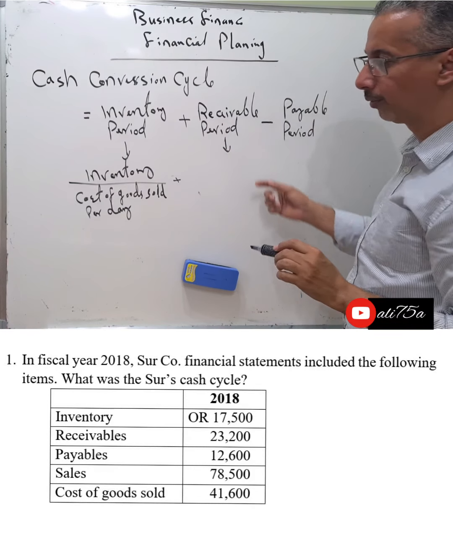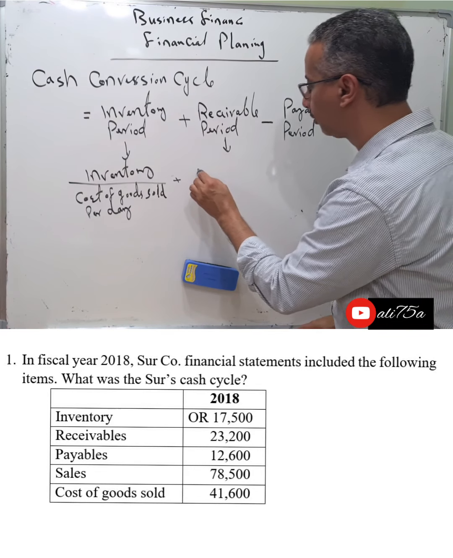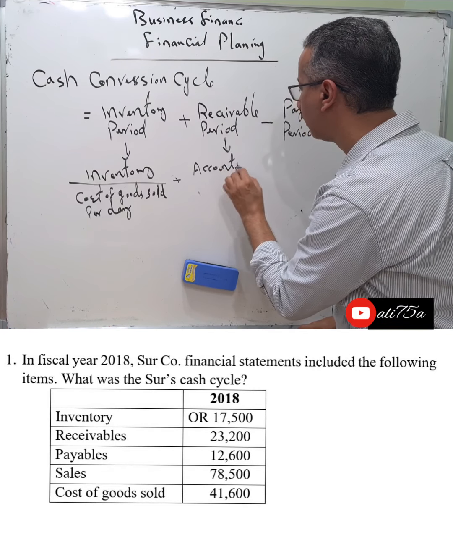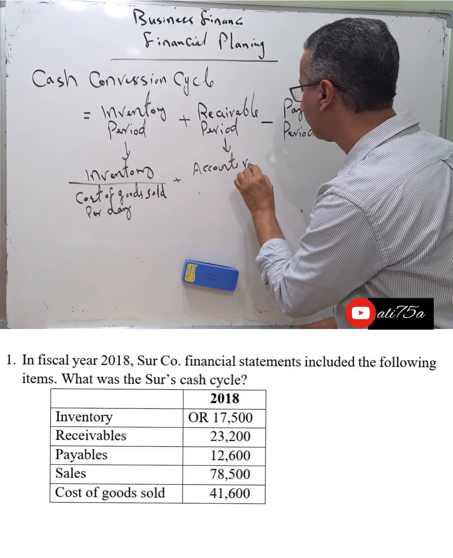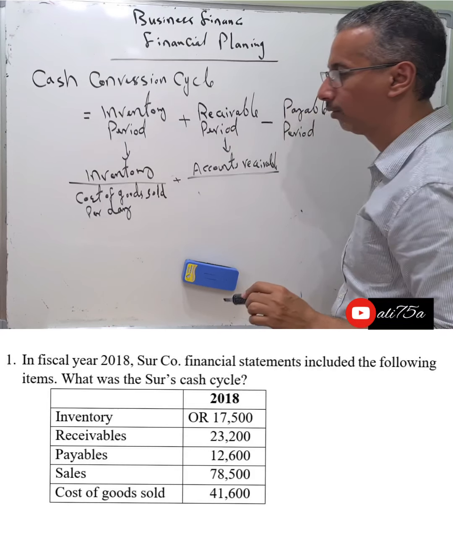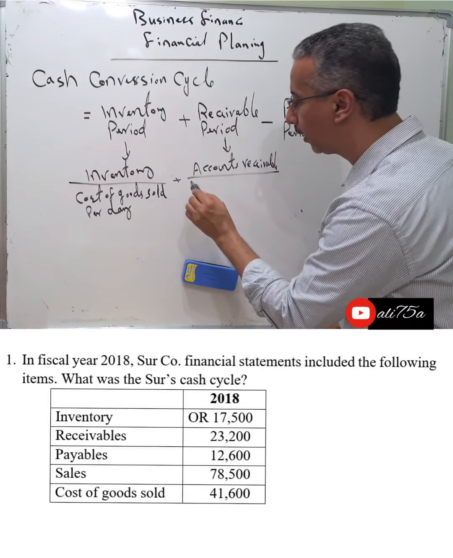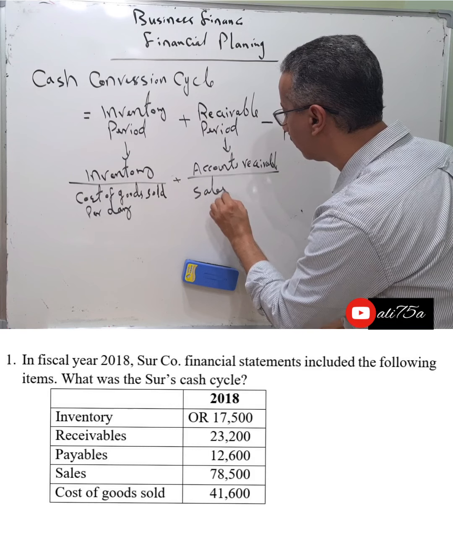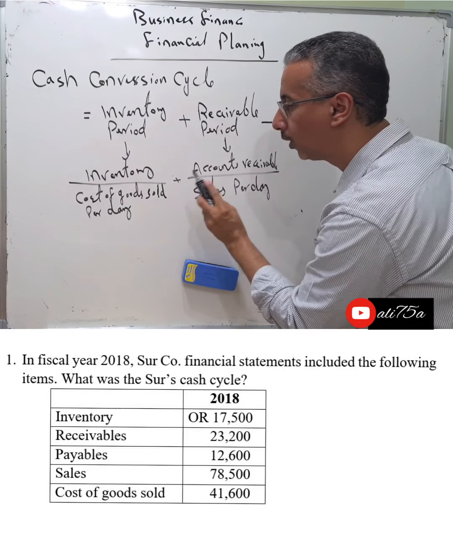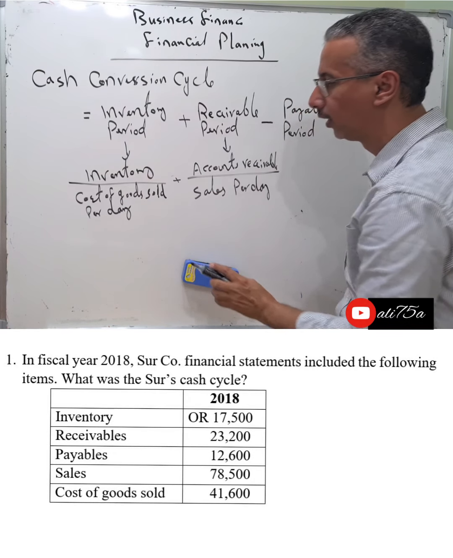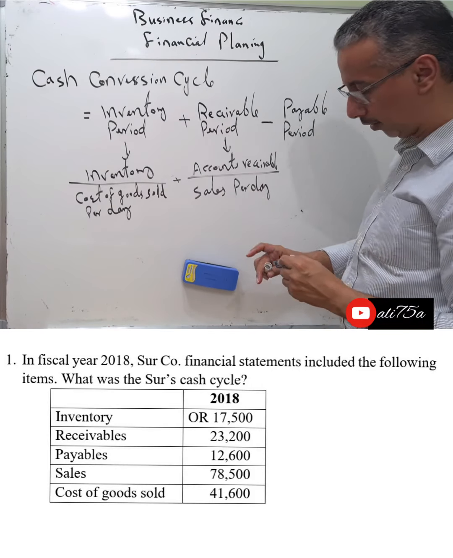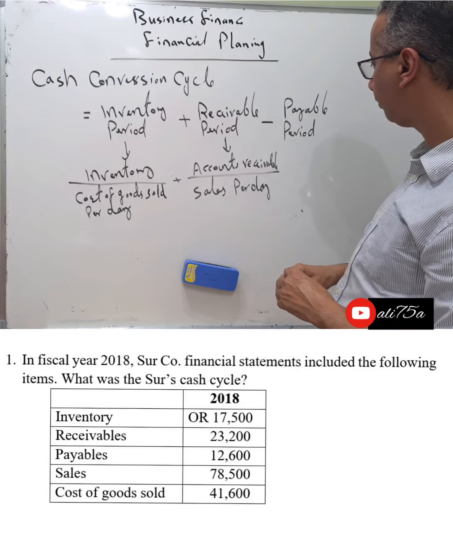Then comes the receivable period. Accounts receivable, we divide it by the sales per day as well: annual sales divided by 365 days.